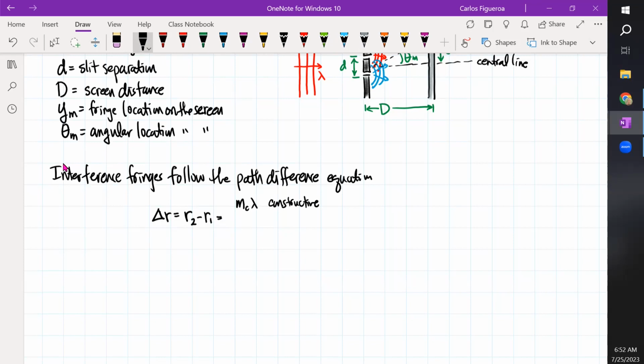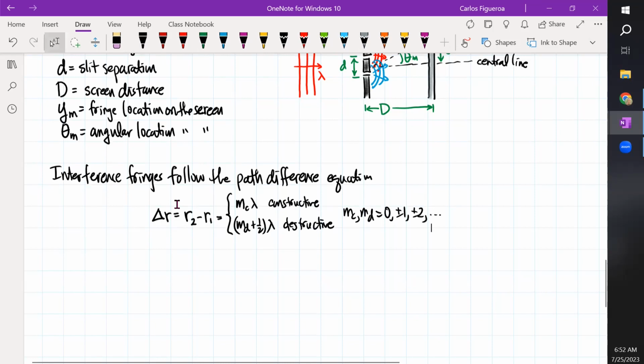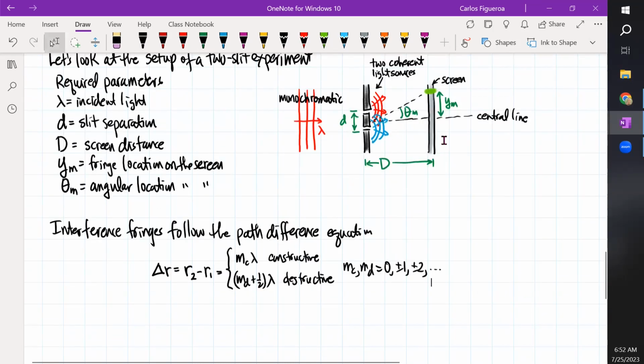If I have odd multiples of half a wave, I'm going to get destructive. Where, of course, MC and MD is going to be 0, plus or minus 1, plus or minus 2, etc. So we're really going to be looking at the paths of these two light sources.